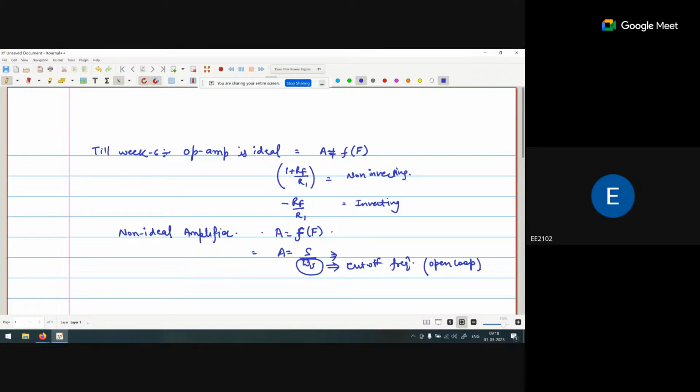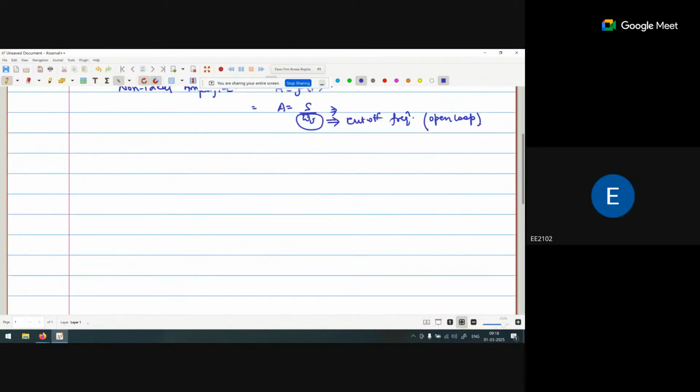What is the meaning of open loop? When we are talking about the operational amplifier, this particular operational amplifier will have a cutoff frequency omega. But if I go with the implementation of this one, due to this feedback, my cutoff frequency is changed.